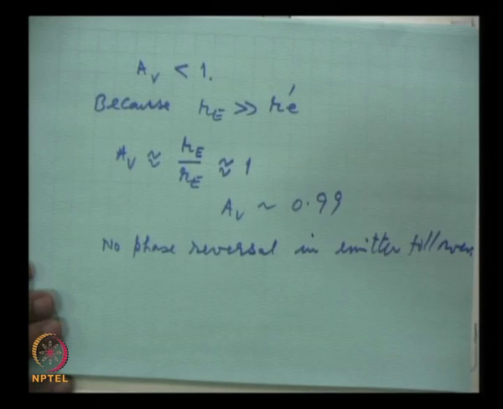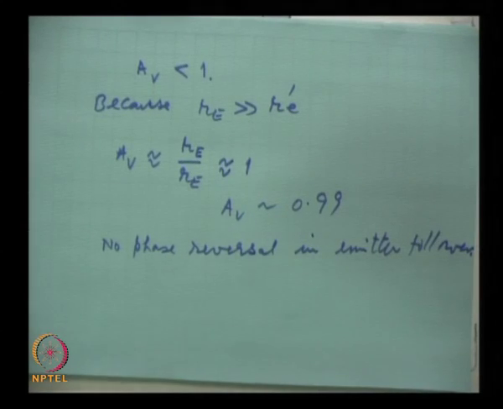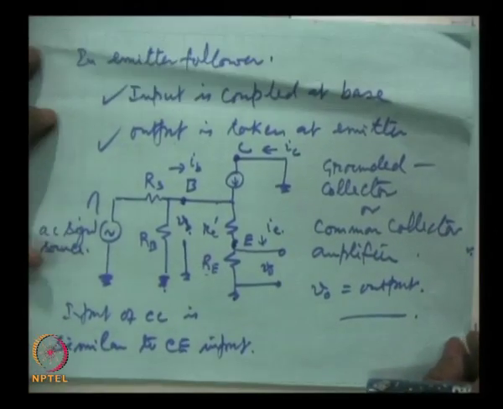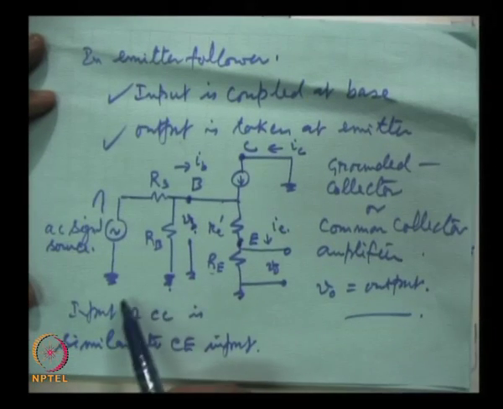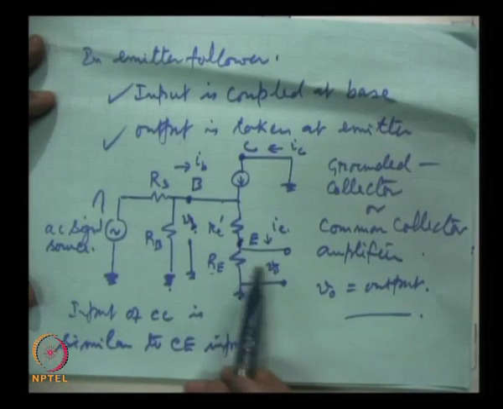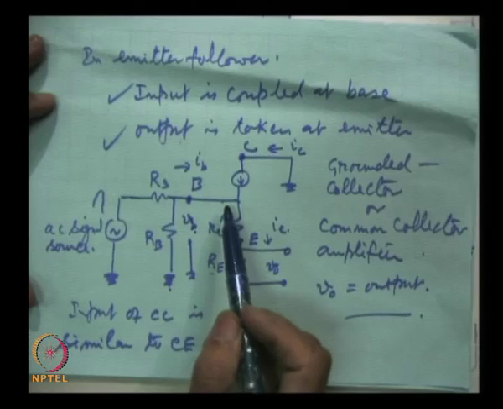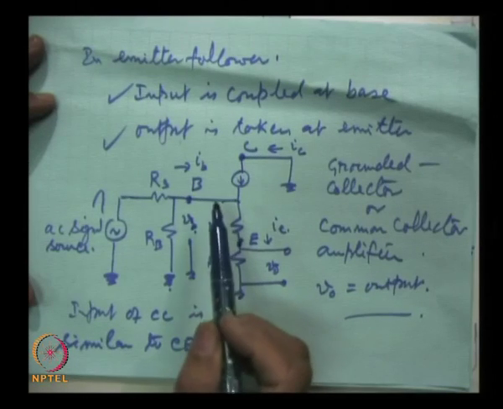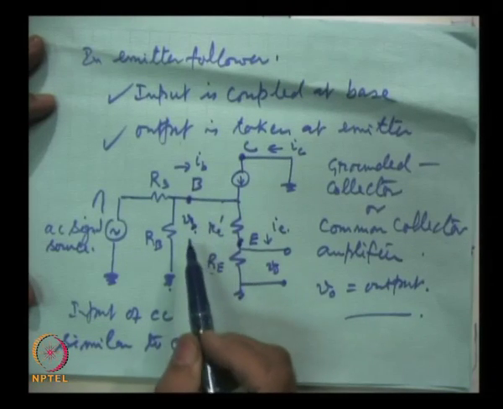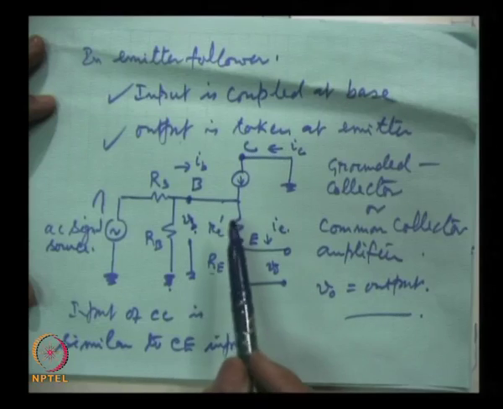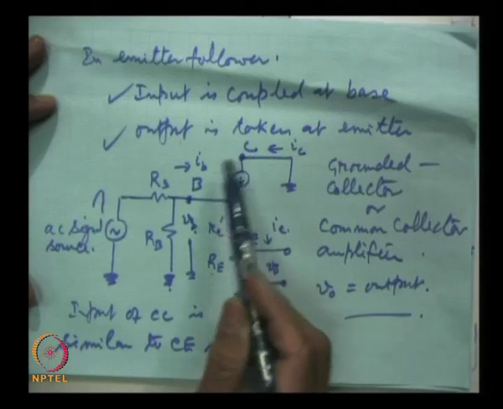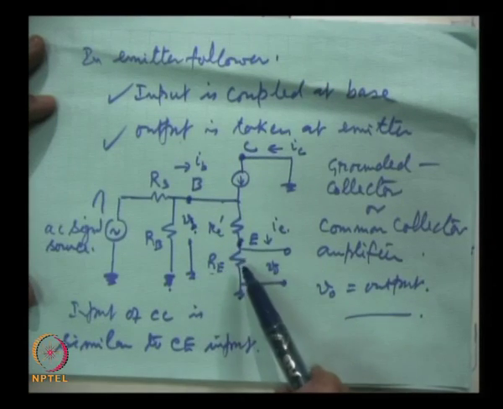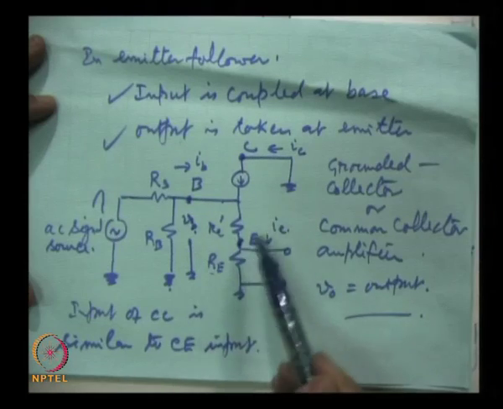Now, let us see this from the figure which I have drawn earlier, where in the common collector circuit, the emitter follower circuit, we have replaced the transistor by its small signal simplified model, and this is that model.